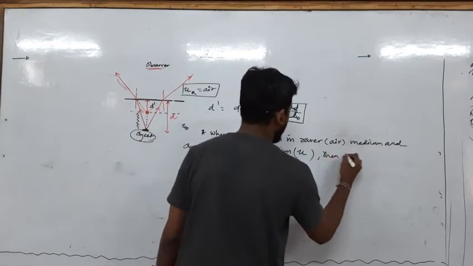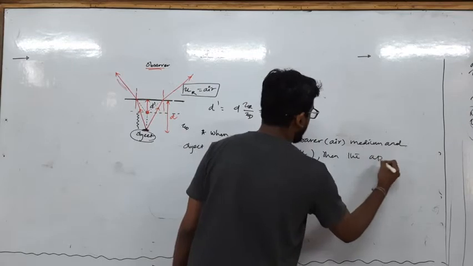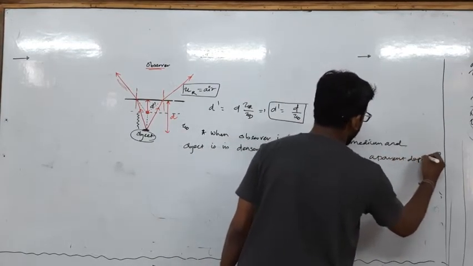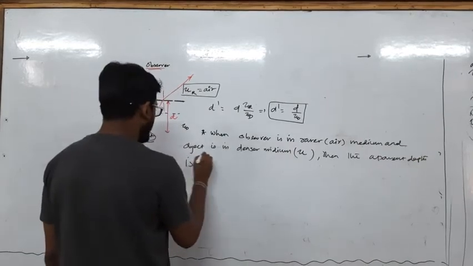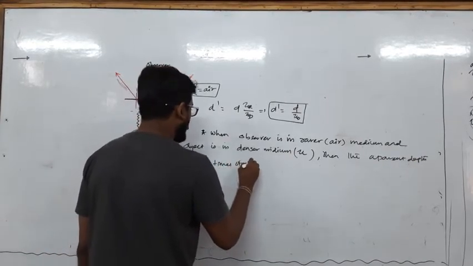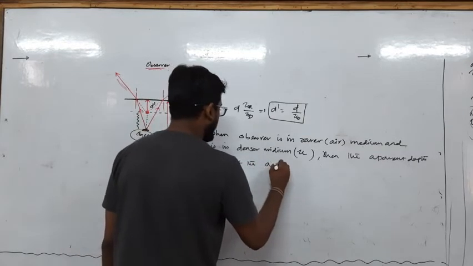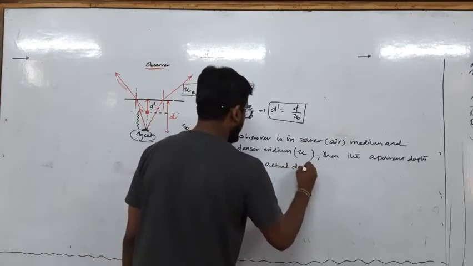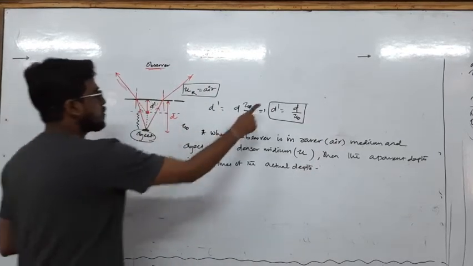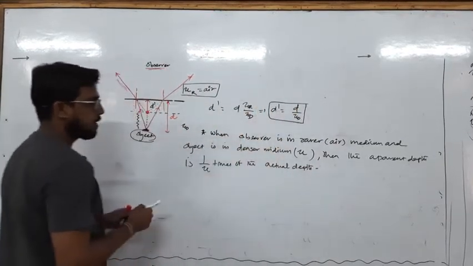Then the apparent depth is 1 by mu times of the actual depth. Clear? Here the apparent depth is 1 by mu times of the actual depth.